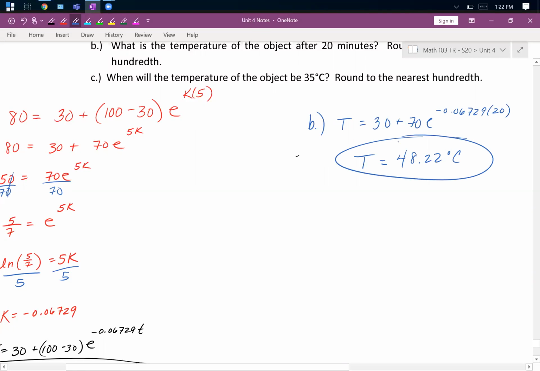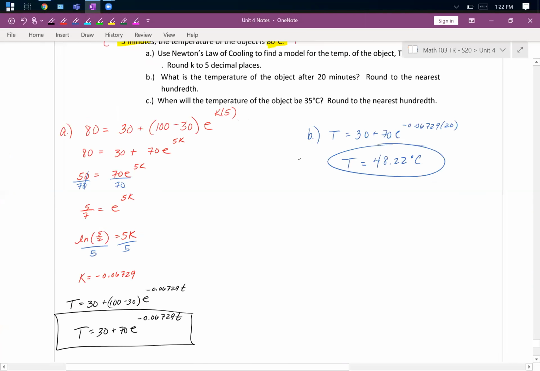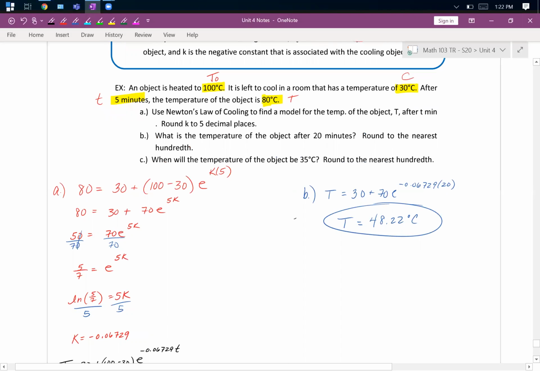And that is a believable answer because it said in 5 minutes it cooled down to 80 degrees. So I'm expecting in 20 minutes that it's cooling down way more than 80 degrees. So I feel good about that.